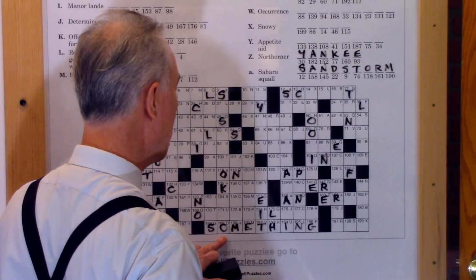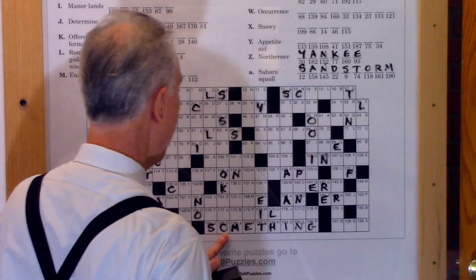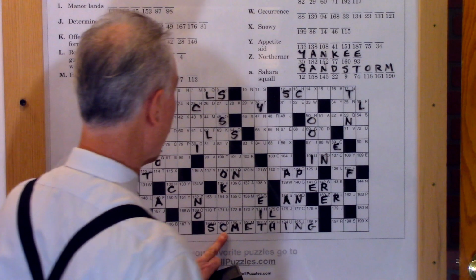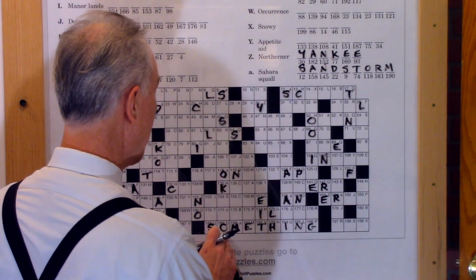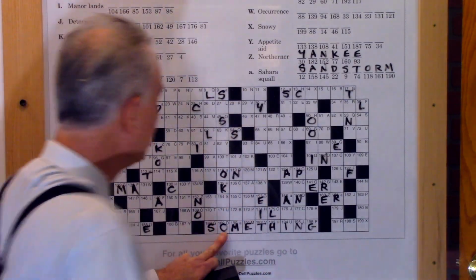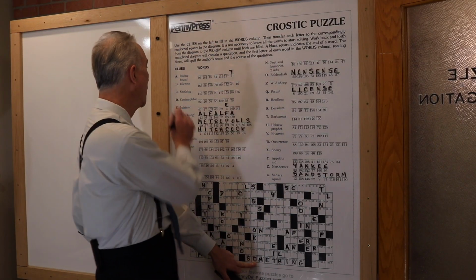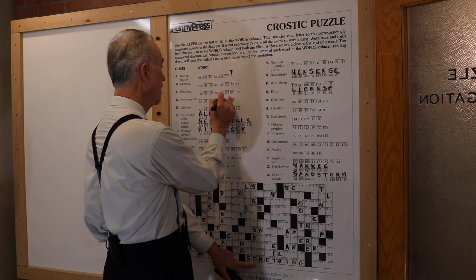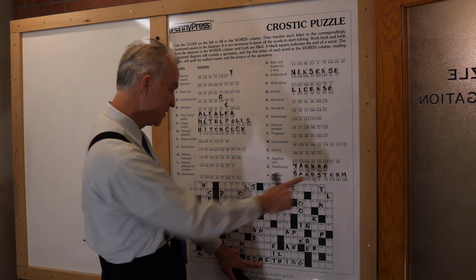And as we put the letters for the word something in here, we can transpose them and put them up into the clues above where they belong. We've already got the S in clue G, but clue D, D189 is O. Let's put an O in there. We've already got this M in sandstorm.